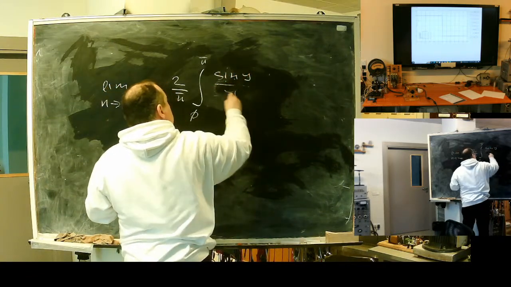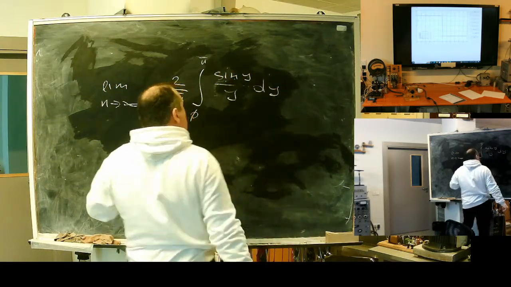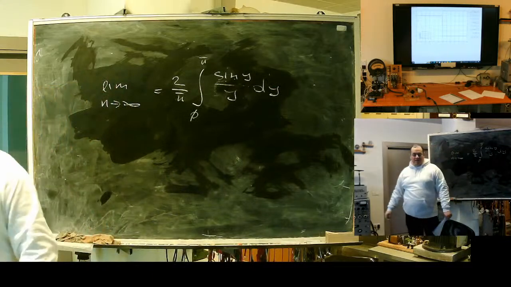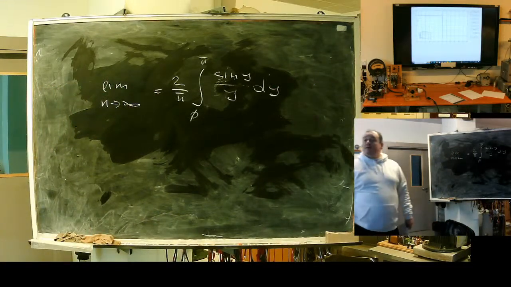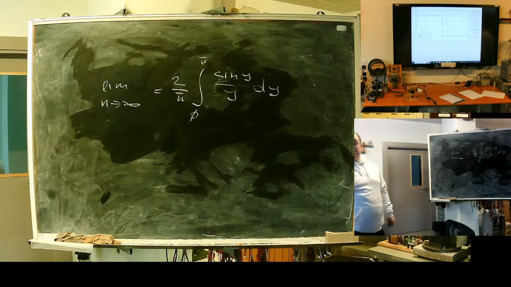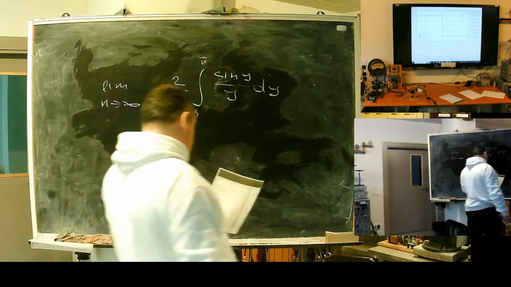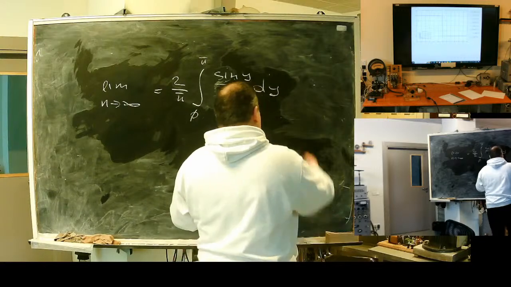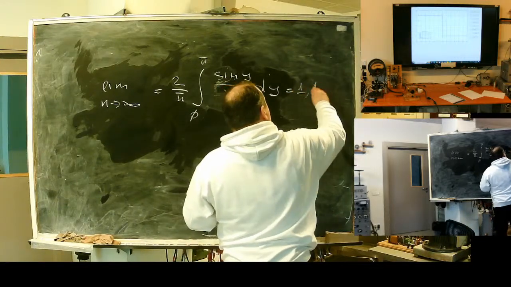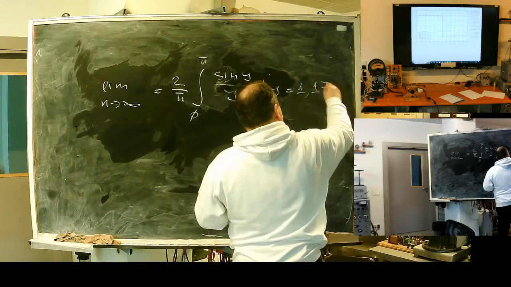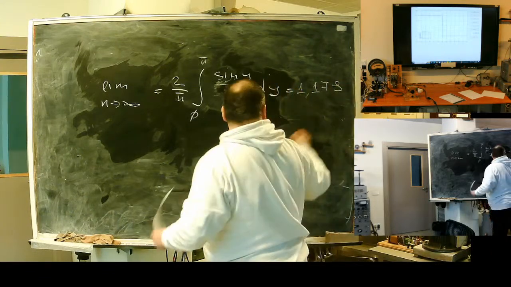So we get the integral of y divided by y dy. And this function is tabulated. It's the integral sine, and we have had tables of this function for a long time. This is known, it's the integral sine of pi, and it's 1.1179, and so on.